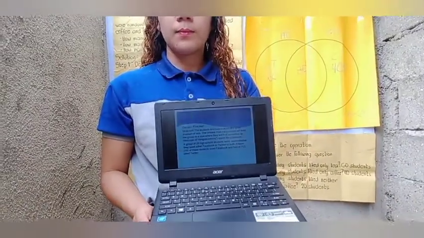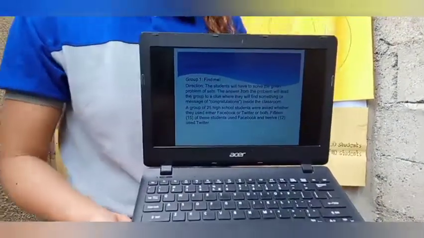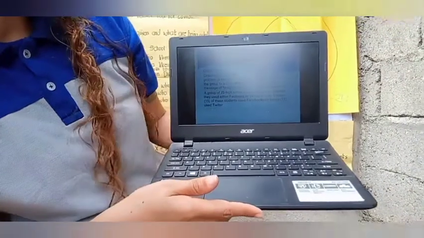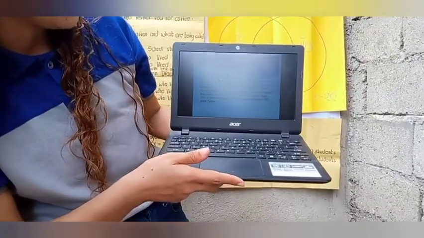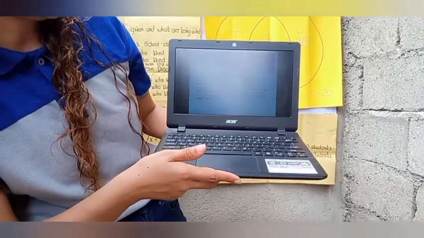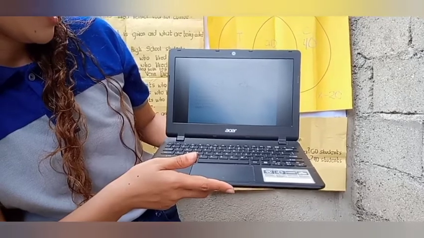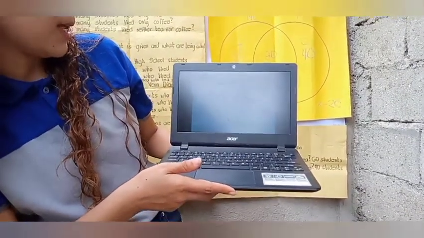So the title of our activity is Find Me. So here in this activity, allow me to read the direction. The students will have to solve the given problem subset and answer from the problem will lead to the group to a clue where they find something, a message of congratulations inside the classroom.